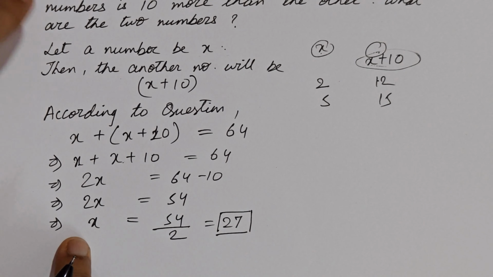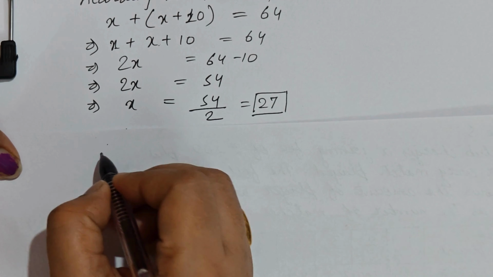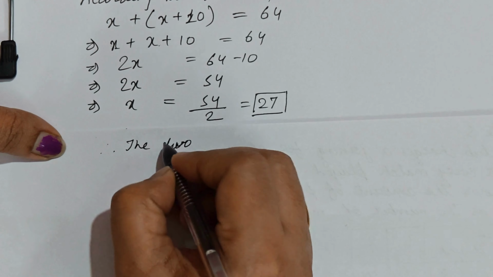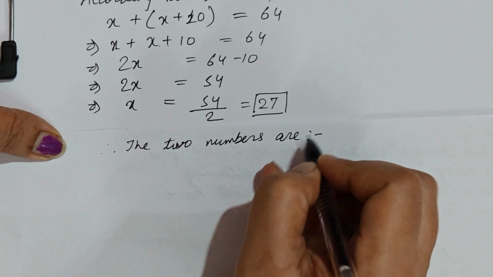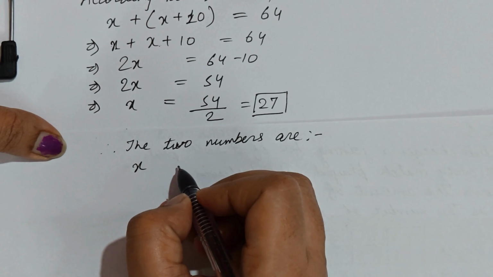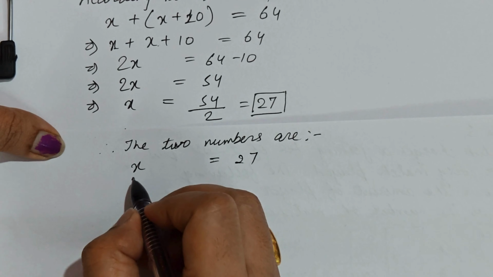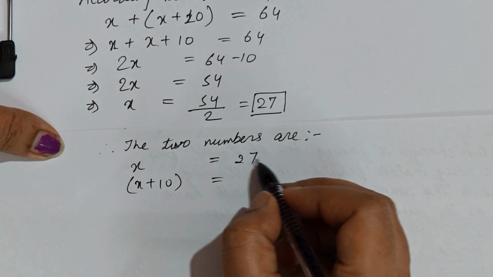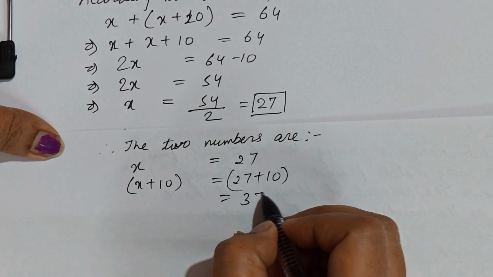What is x? x was a number that we have taken here. Therefore, the two numbers are, one number was x, so that is equal to 27. Second number was x plus 10. So 27 plus 10 is equal to 37.